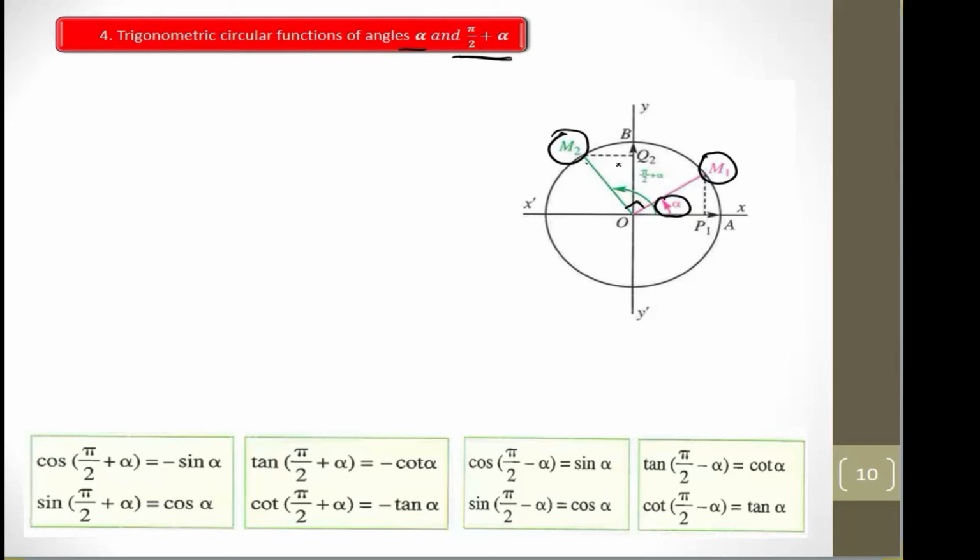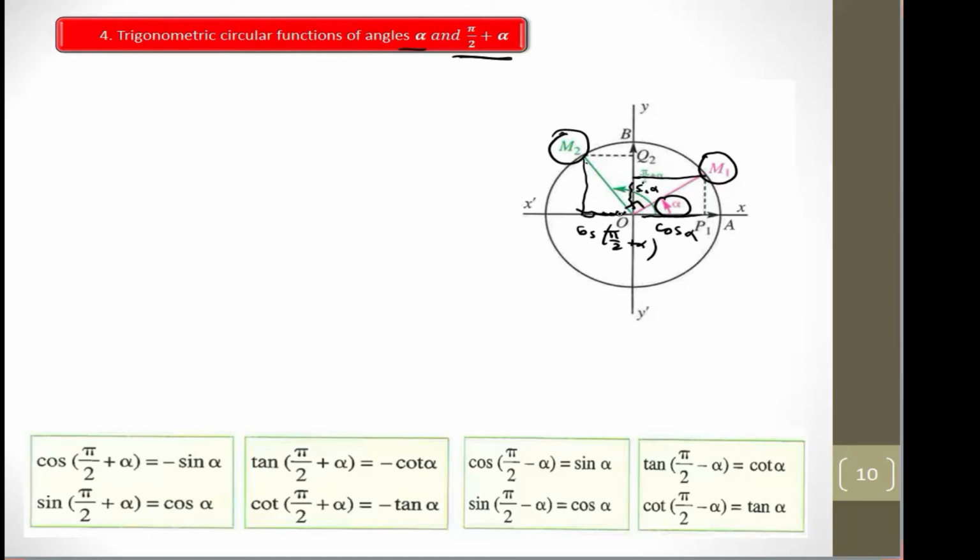We can check that this is cosine alpha, and here this value is sine alpha, which is y. Right, we can check here that cosine pi over 2 plus alpha is this value here.